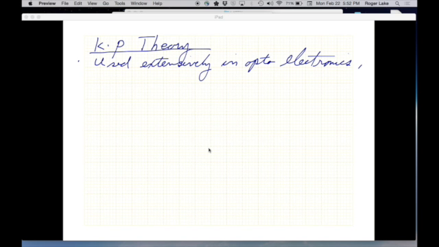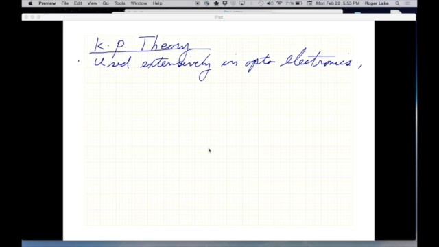Because it's an optoelectronic device, and everything of importance happens right around gamma, at the gamma valley. And so k dot p theory is really good for direct gap materials if all you care about is stuff near the gamma valley.